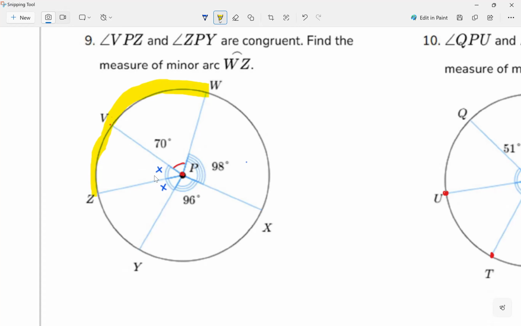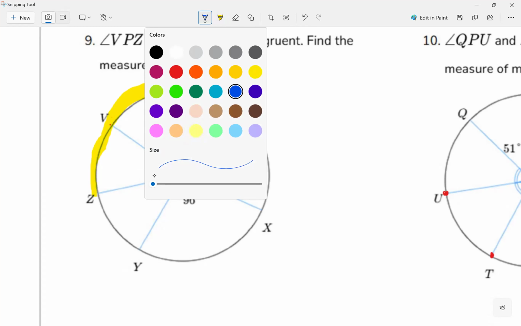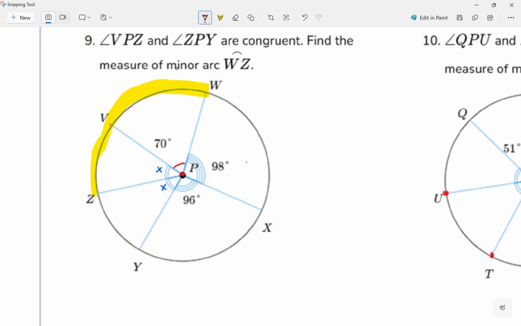I don't know what's from V to C, so I have to solve for that. I know this is 70 so far, and I know this is X, because the degrees of the arc is the same as the central angle. So 70 plus X. It would be nice if I knew what X was. So let me solve this.